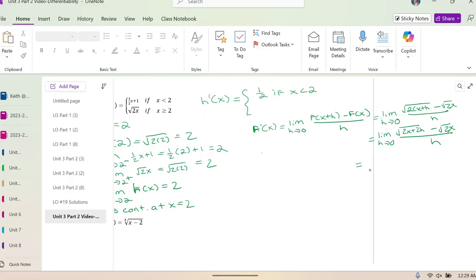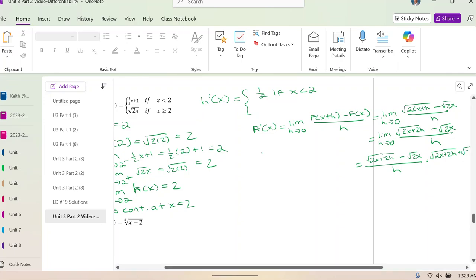So in order to simplify, we have to multiply by the conjugate. So we multiply by the conjugate.